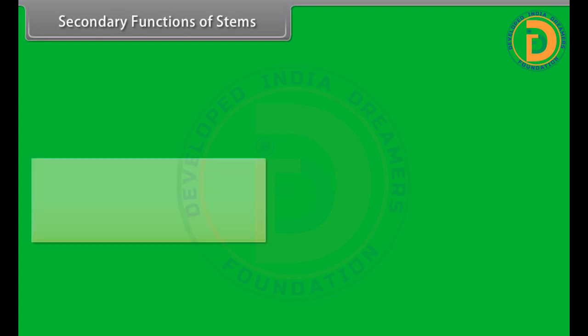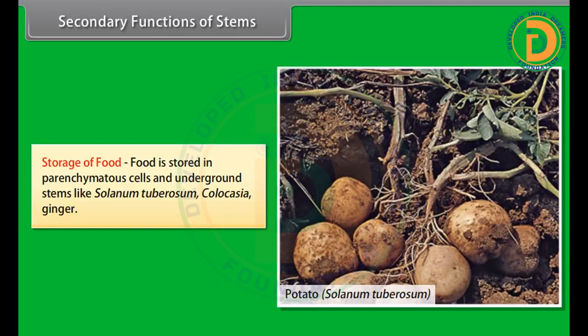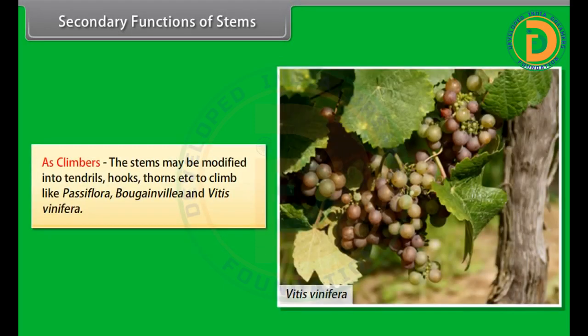Secondary functions of stems. Perenation. The underground stems, as in zingiber, curcuma, and dryopteris, help the plants to overcome unfavorable conditions. Storage of food. Food is stored in parenchymatous cells in underground stems like Solanum tuberosum, Colocasia, and ginger. As climbers.